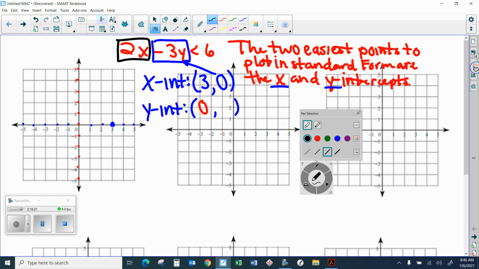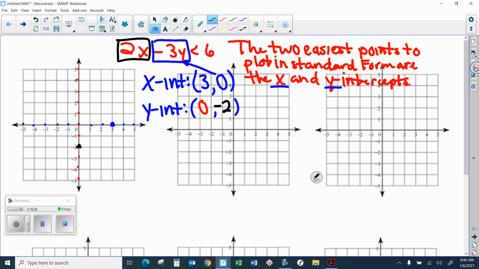So now I have negative 3y equals 6, so y equals negative 2. So (0, -2) is the other point, the y-intercept. Remember, I only need 2 points to make a line.